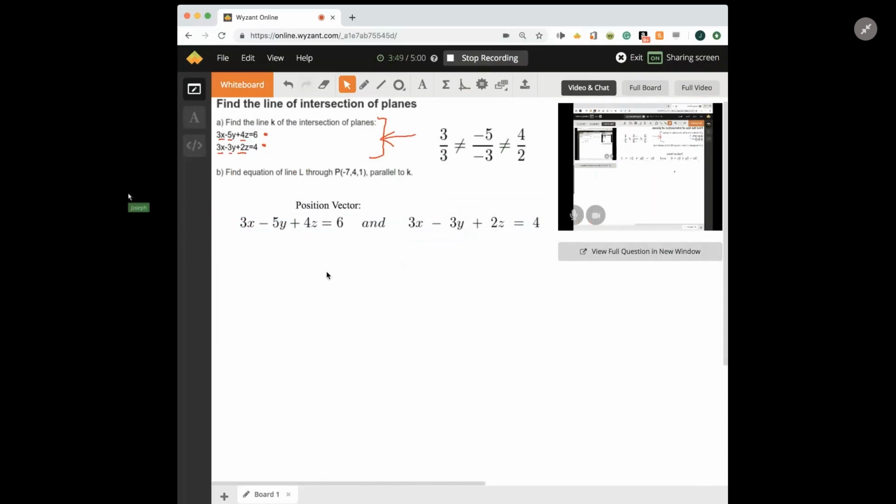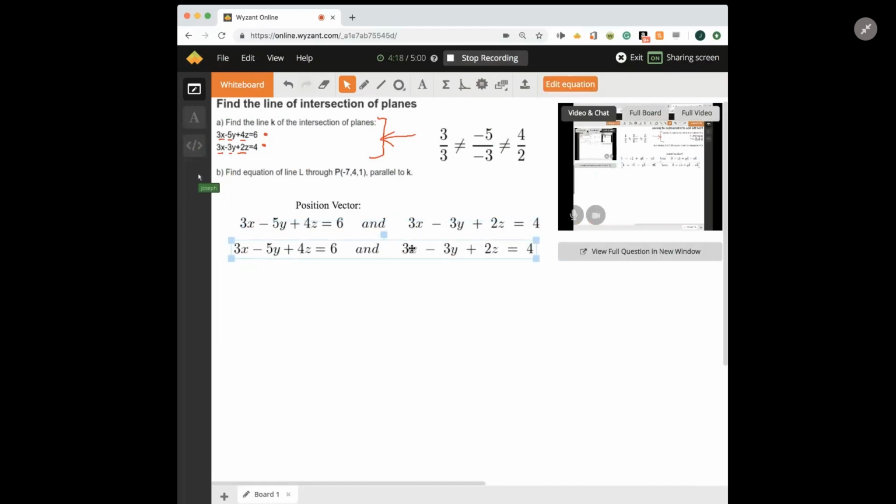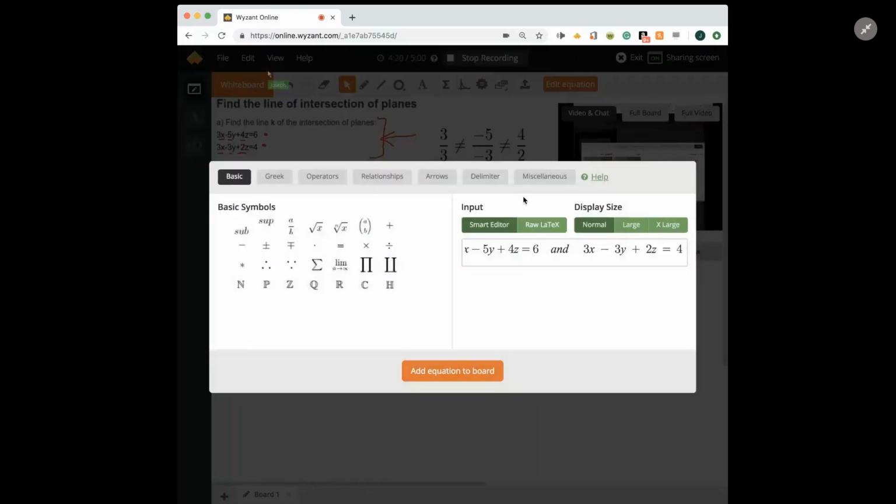What you'll notice is that we've got two equations and three unknowns. That's not going to help us out. But we only need a point. We don't need to find every point. We need one point on this line. So I'm going to say I want a point where z is 0. What that's going to do for us is give us one less variable to worry about in our two equations. So I'm going to copy this, paste it here, and edit the equation.